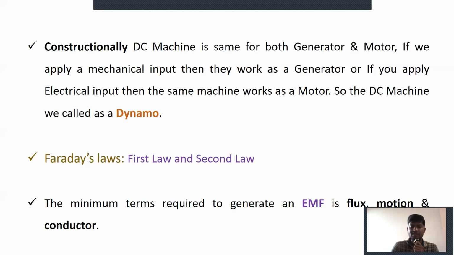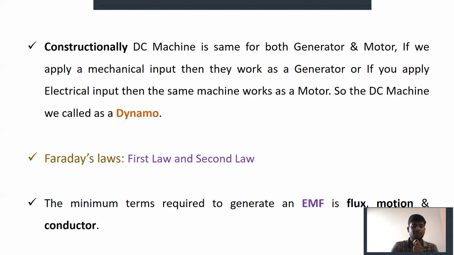What is the first law here? Faraday's first law states that whenever a current carrying conductor cuts the magnetic flux, due to that an EMF is induced. What is Faraday's second law? The induced EMF is directly proportional to the rate of change of flux.